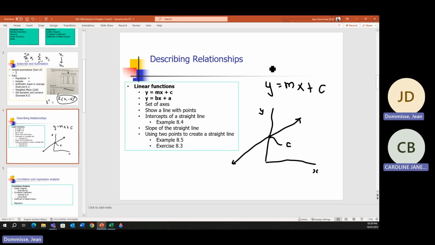So if this formula was, say, 4x plus 3, we know that the y-intercept would be equal to 3. Your straight line basically gives you details of where it cuts through the y-axis, where it cuts through the x-axis, if it is positive, if it is negative.